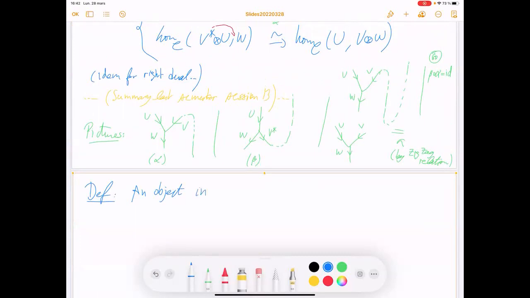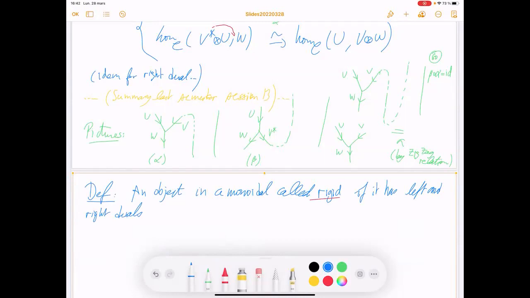And an object in a monoidal category is rigid, it's called rigid, if it has left and right duals.